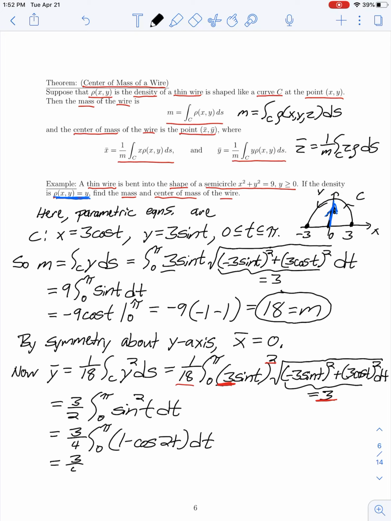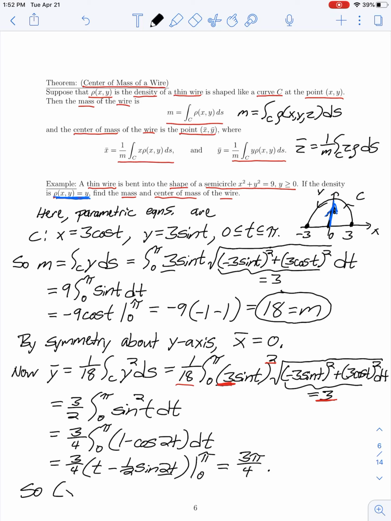So we have 3/4 times our antiderivative, which would be t minus 1/2 sine of 2t, evaluated from 0 to pi. So plugging in pi for t, we have 3 pi over 4, since sine of 2 pi is 0. And then we subtract what we get when we plug in 0 for t, which gives us 0 here.